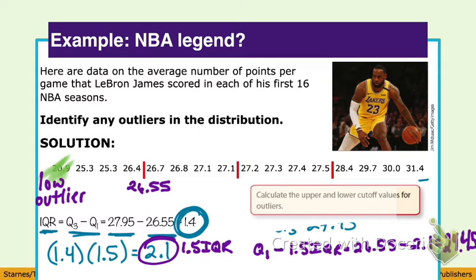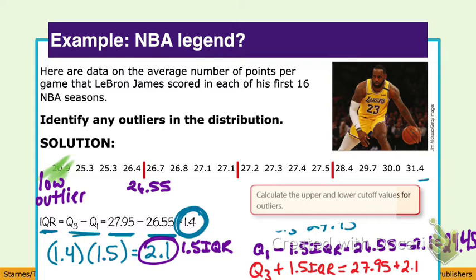Now we're going to take Q3 and add the 1.5 IQR. So we've got Q3, which is 27.95, and we're going to add 2.1. So 27.95 plus 2.1.